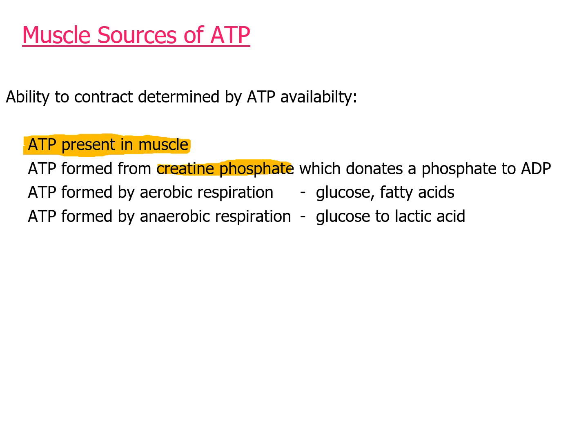When you first start contracting muscle, immediately the ATP here gets used up, and then the muscle will start using creatine phosphate as a source of production of ATP. It's a very quick way of producing ATP because the phosphate attached to the creatine is donated to ADP to form ATP.